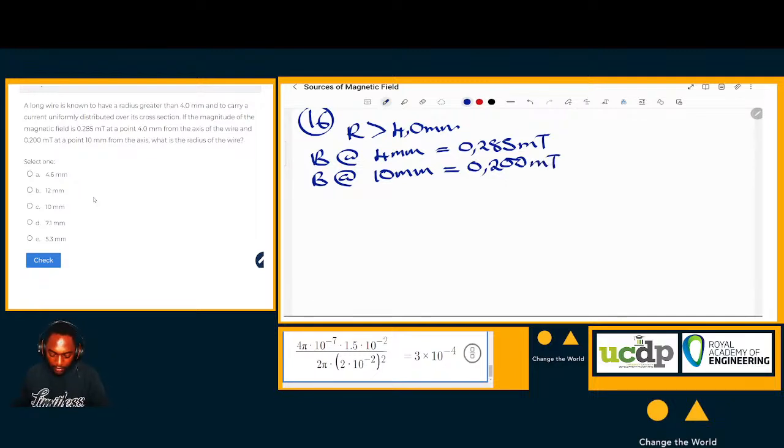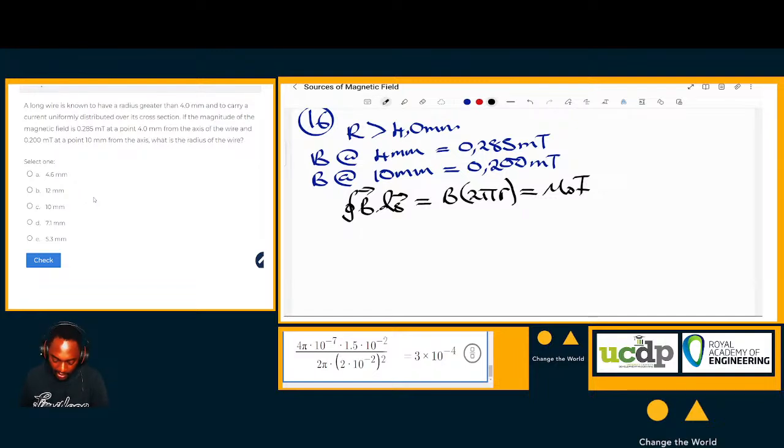Okay, so from what we did in the previous question, you recall that B 2 pi r is equal to mu naught I. So if you would do it for the radius at 10 millimeters, B at 10, 2 pi, and your radius at 10 will be equal to mu naught I, right?